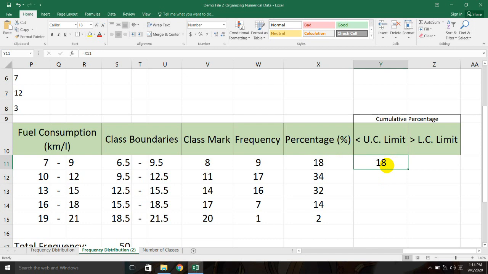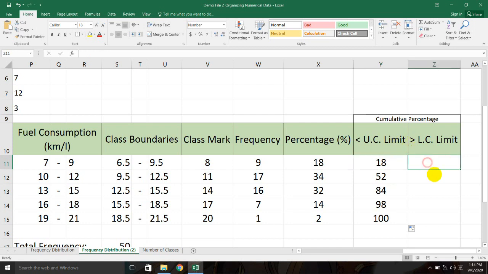Now, to get the cumulative percentage, we all know that we need to add 18 and then 34. So we can use the formula equal sign, 18 plus 34. Doing the same pattern will give us these values. So this is our less than upper class limit cumulative percentage column.